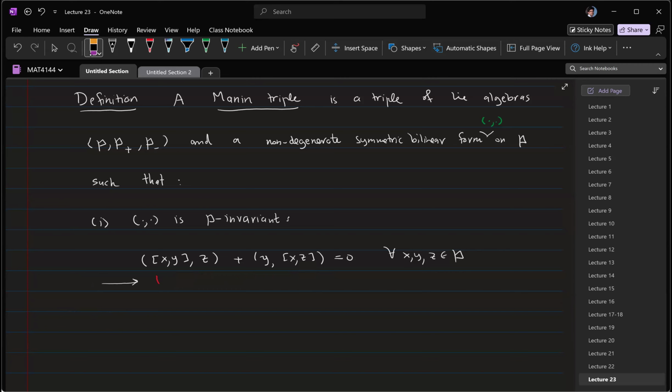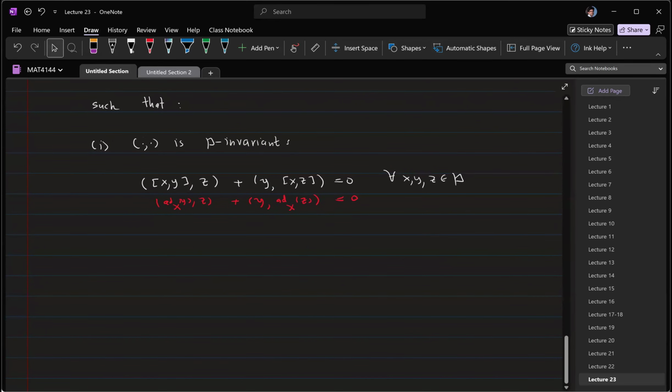Oh, I shouldn't have erased this red formula. That was just another way of thinking about it. But anyway, this is what I mean by an invariant form, satisfying this relation. But also, this should remind you of what we discussed in the course earlier. We talked about, say, the orthogonal group, and the Lie algebra of the orthogonal group was the set of matrices such that x plus x transpose was 0.